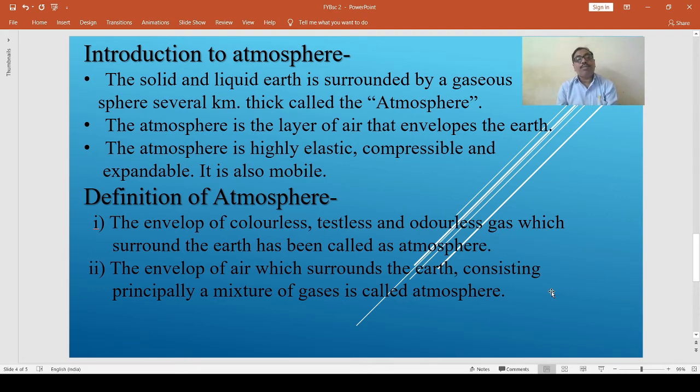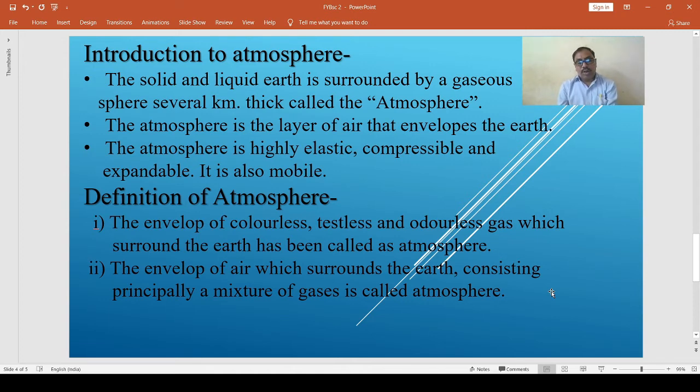Another definition for atmosphere is the envelope of air which surrounds the Earth, consisting principally of a mixture of gases, is called atmosphere. In short, here we can say the atmosphere is a mixture of gases. However, the proportion of gases differs from one another.